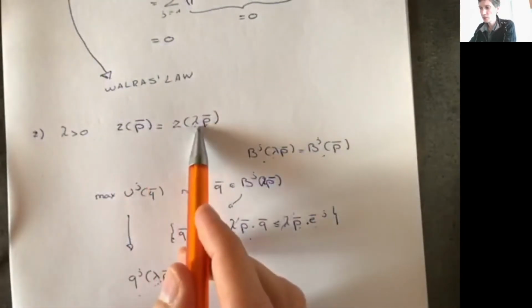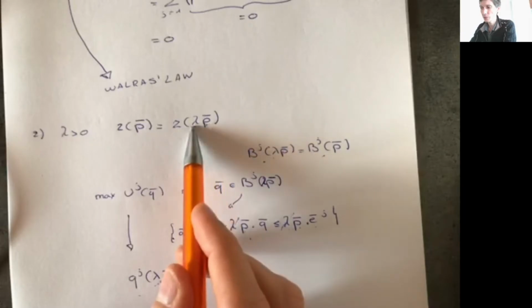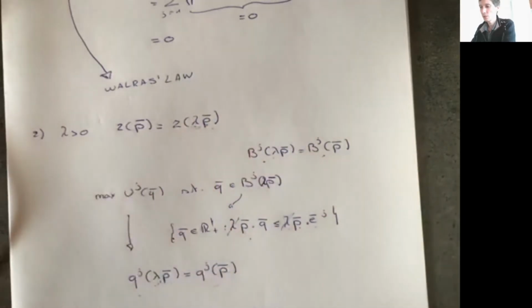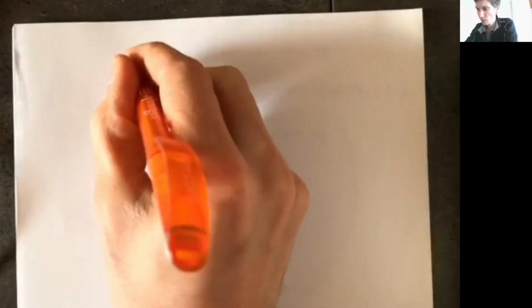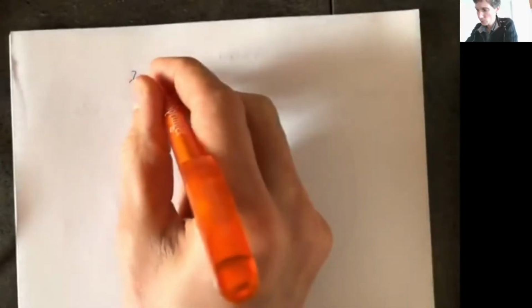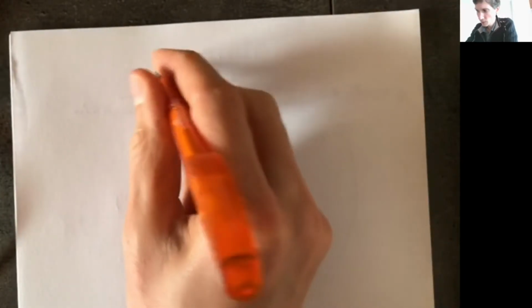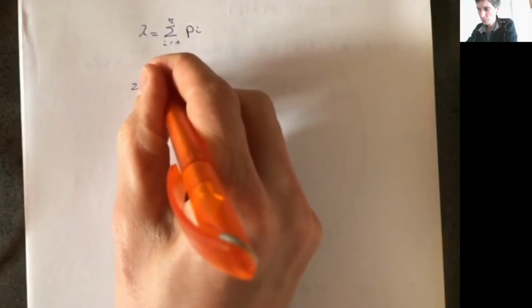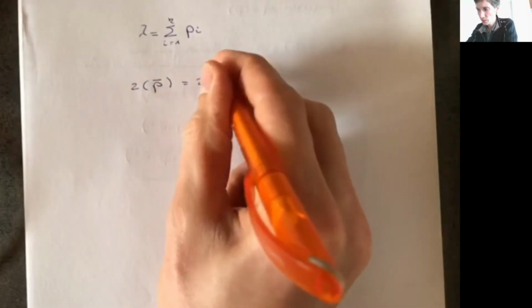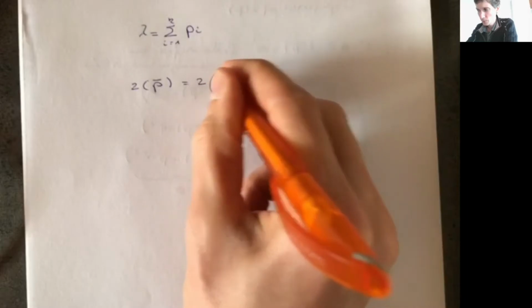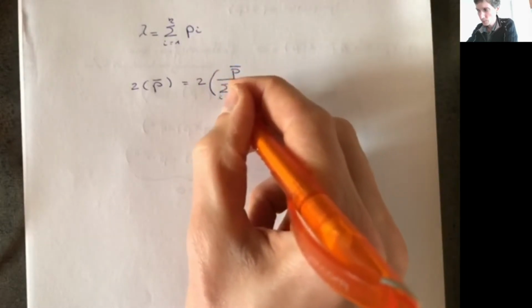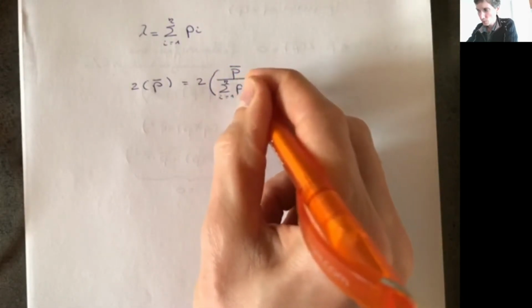Well, this means actually that we can multiply all prices by some number and remain at the same problem, right? So we're going to use a special kind of number here. We're going to set lambda to be equal to one over the sum over all goods of the prices p_i. Okay, so if I do this, I have Z(p) will be equal to Z(p) divided by the sum over all prices.